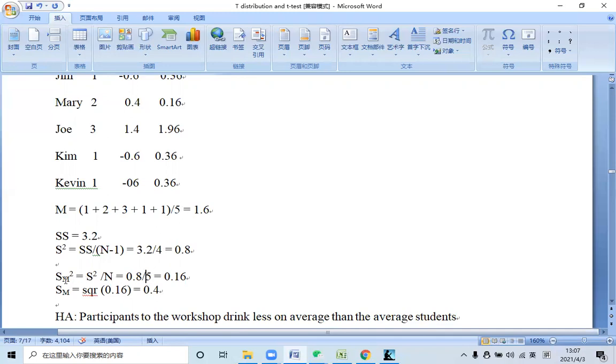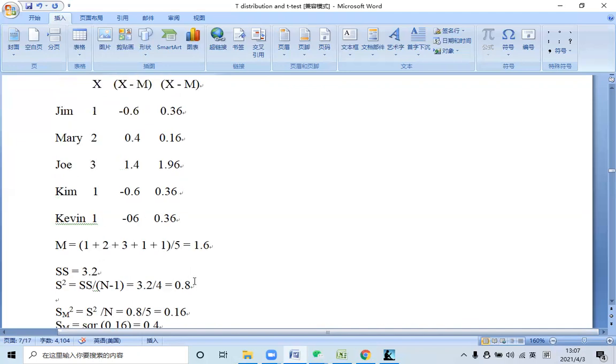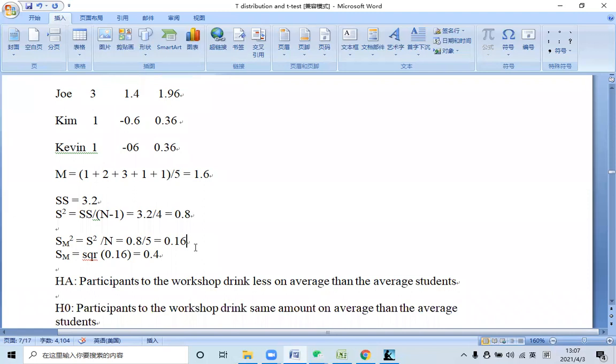In this case, you take the population variance and divide it by n, the number of people in the sample. That's 5. So here you have the estimated population variance. And then you take the square root of the variance, you get the standard deviation.